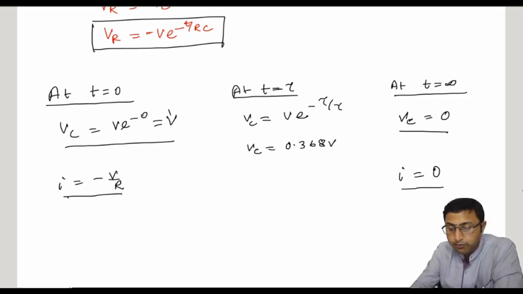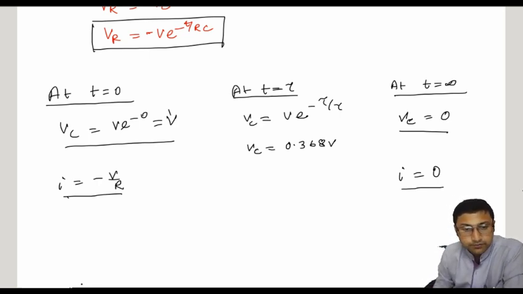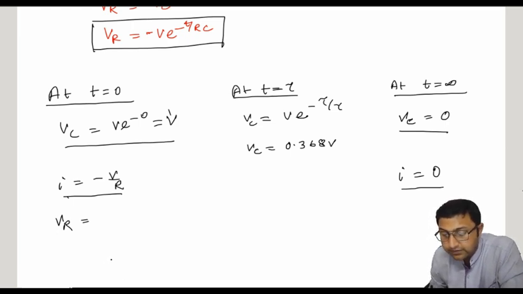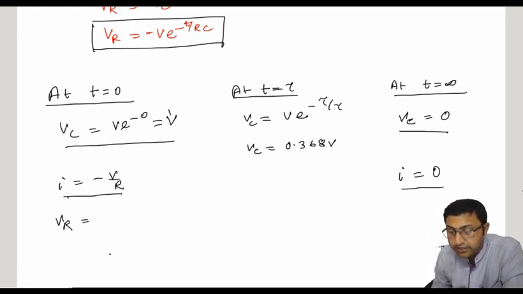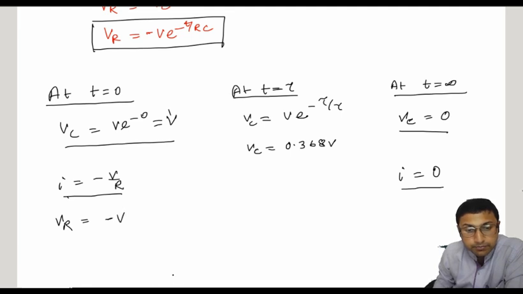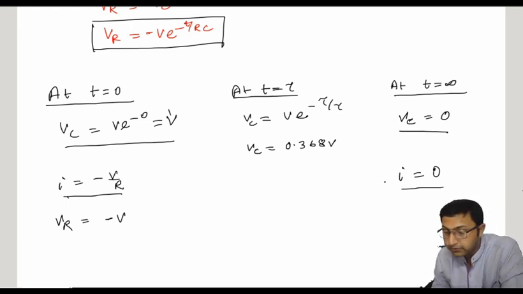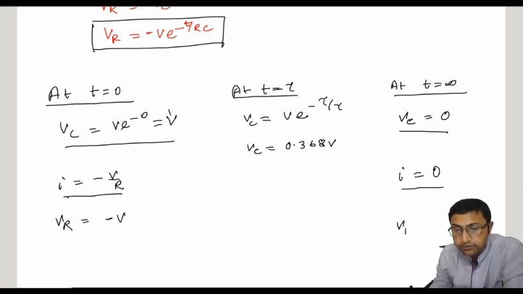So next, the voltage across the resistance VR at starting, t equal to 0, VR equal to minus V volt. Look, at t equal to 0, VR is minus V volt, and at t equal to infinity, VR equal to minus V e to the power minus infinity, which is 0 volt.